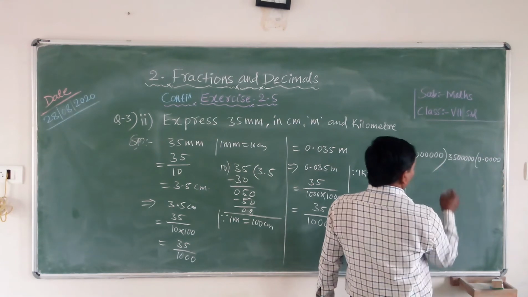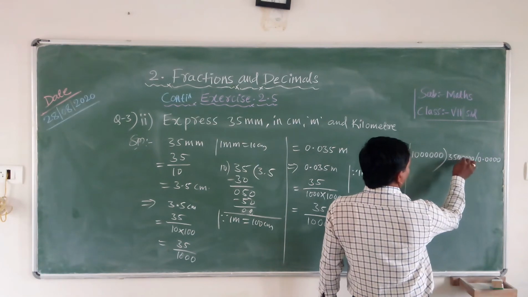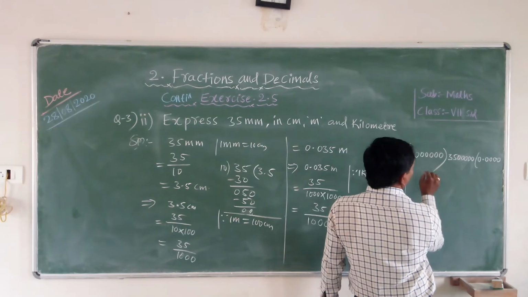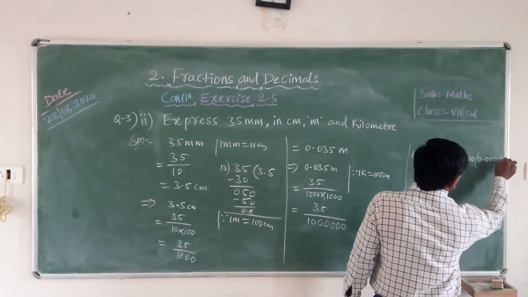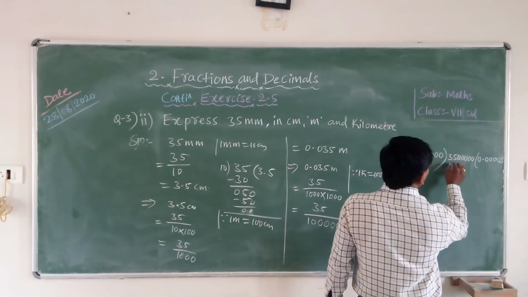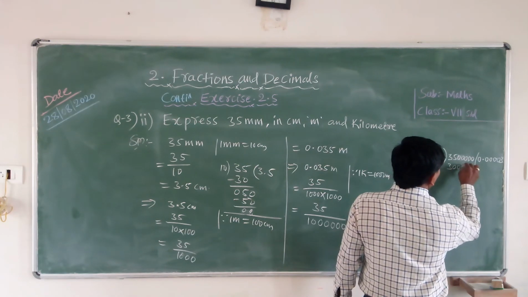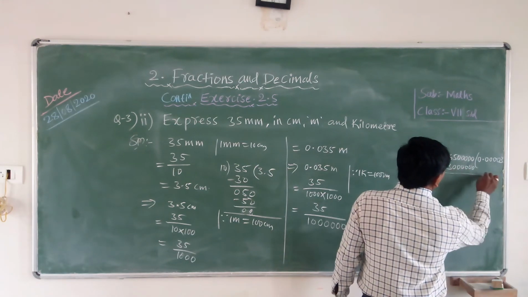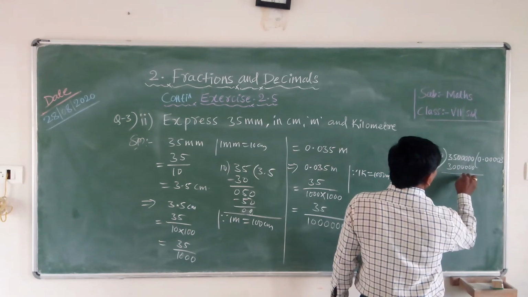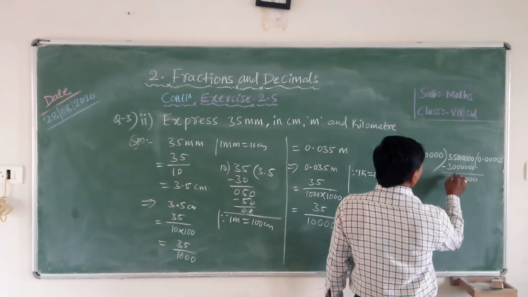Now 1 tens, 100,000, 10,000, lakh, 10 lakh. Here also 10 lakh. 10 lakh 3s are 30 lakh. Then 0 0 0 0 0. So 0 0 0 0 0, 5 3 minus 3, 0.